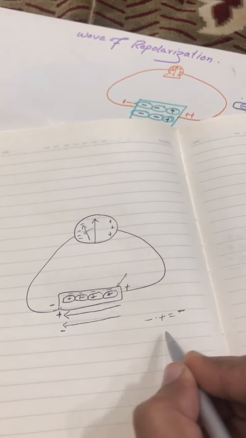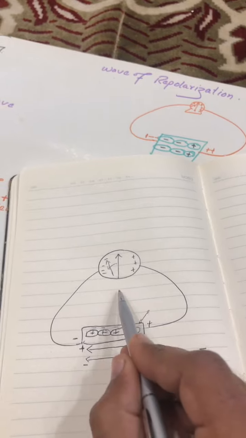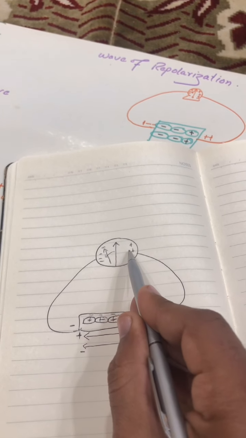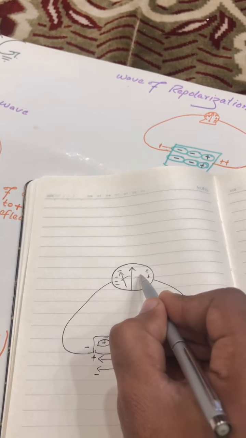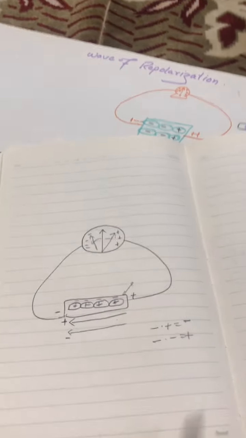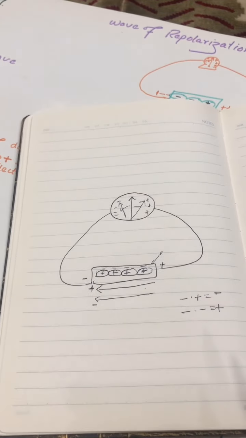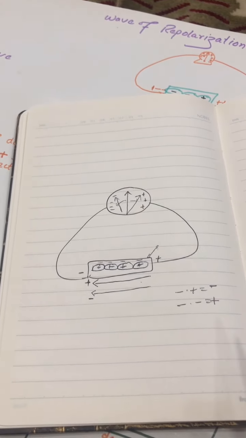See, and negative into negative is equal to positive. So here the deflection of the needle will be towards the positive side. This will be the deflection. So this was actually the deflection of the needles because of waves of repolarization and depolarization.